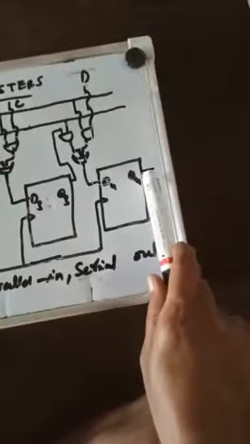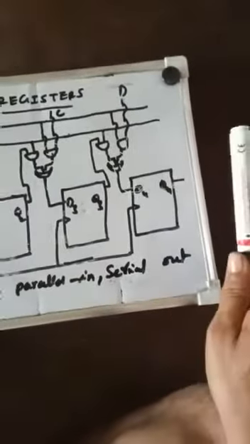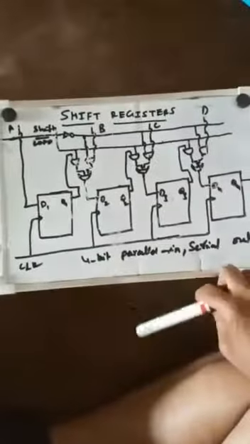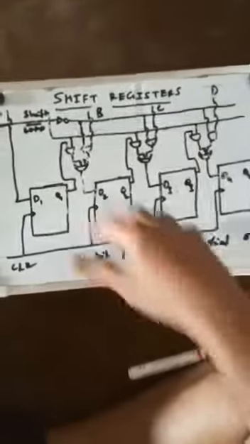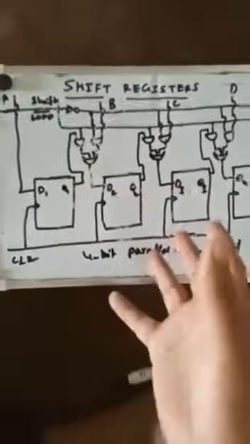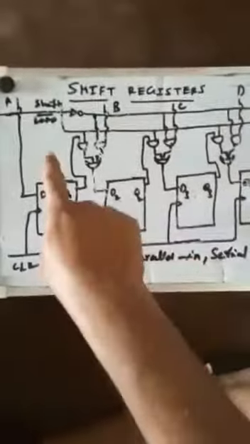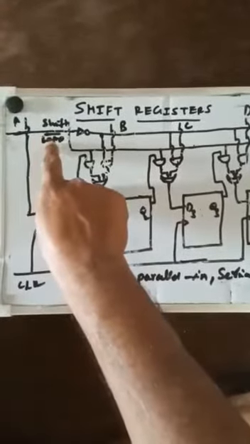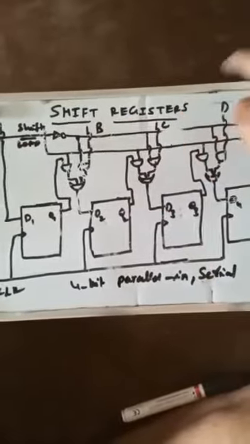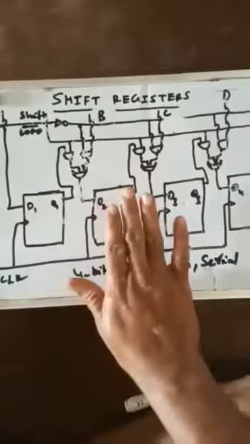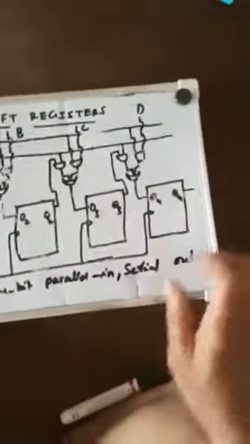That will come out here as Q4. This is the typical concept of parallel inputs. That means if you want to do the operation of parallel input, then the load should be equal to 0. Once it is 0, the top line is activated, and B, C and D will be activated through the corresponding D2, D3 and D4.